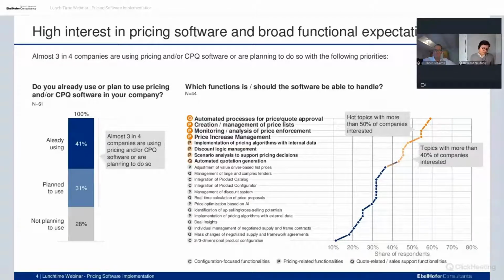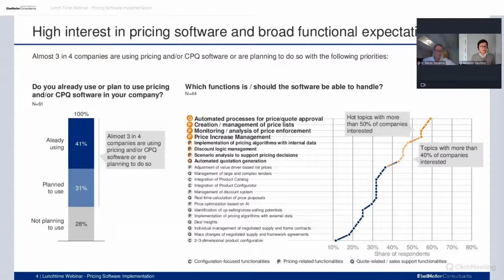So it's really about getting the data that you have in your company to work, making it usable for your pricing decisions, and then maybe also including a few other functionalities, for example, the discount logic that some companies want to manage via the pricing system.